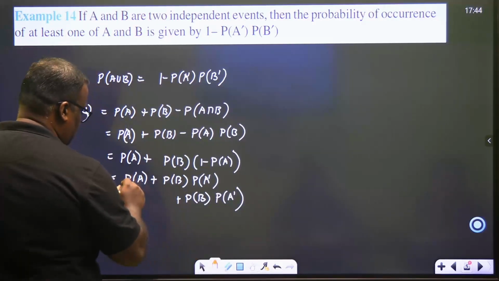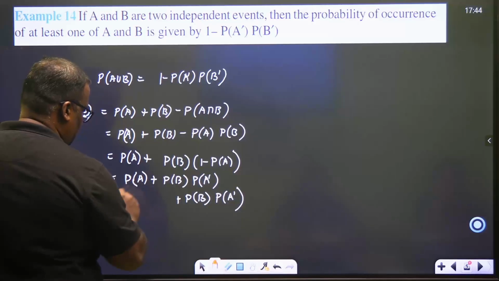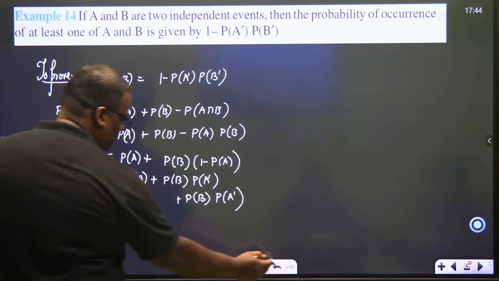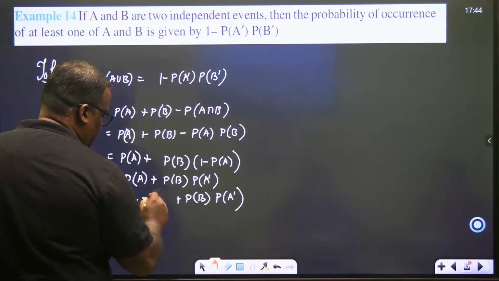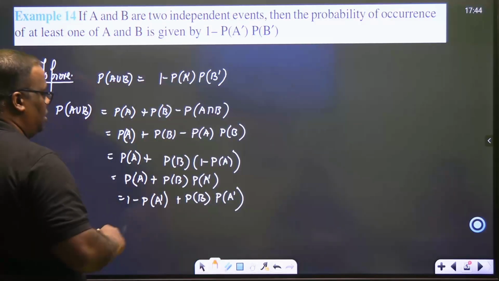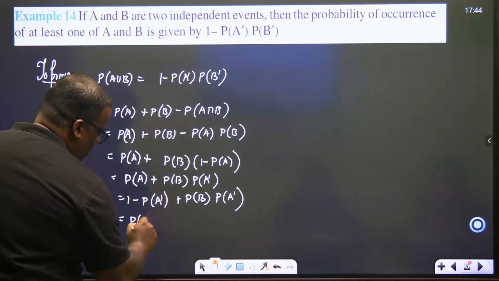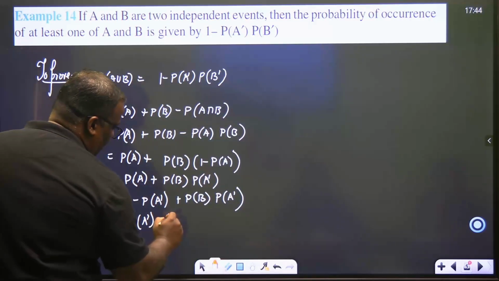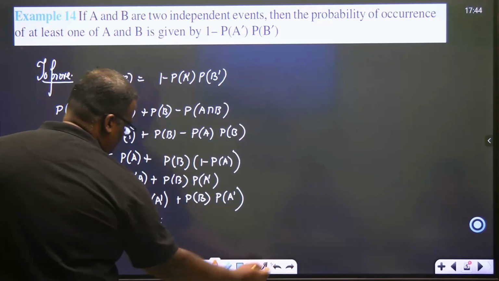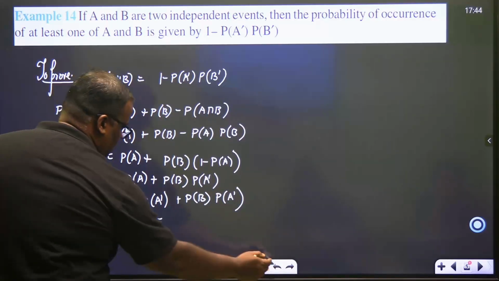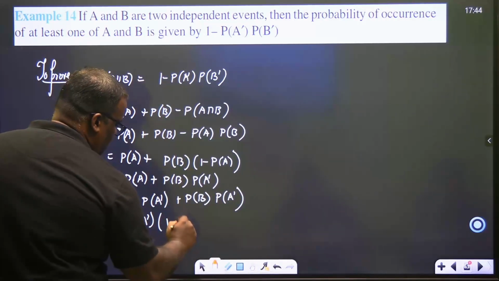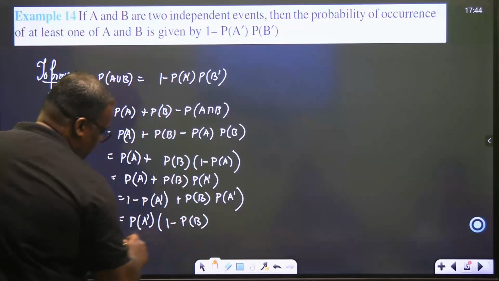Let's just keep it. One minus P of A complement. Now children, take P of A complement as common. I think you must have got it now. One minus P of B. Did you get it?